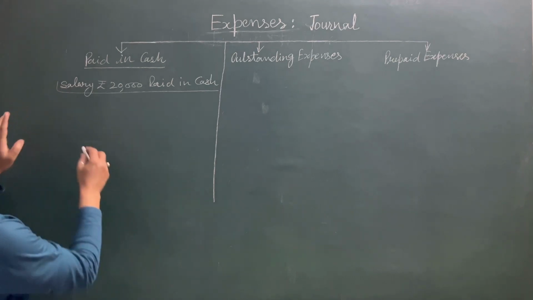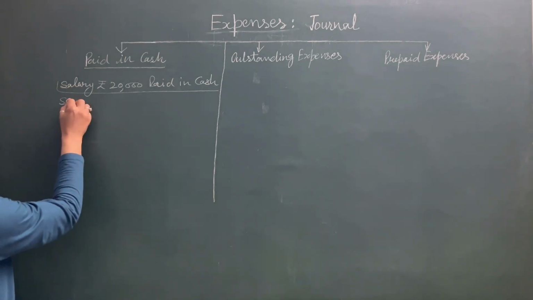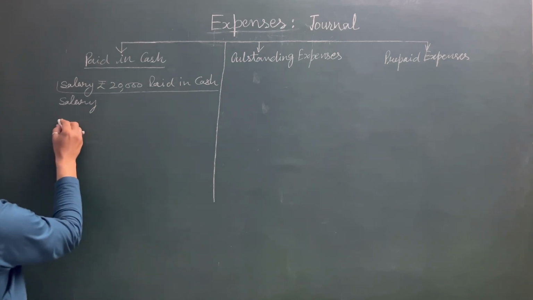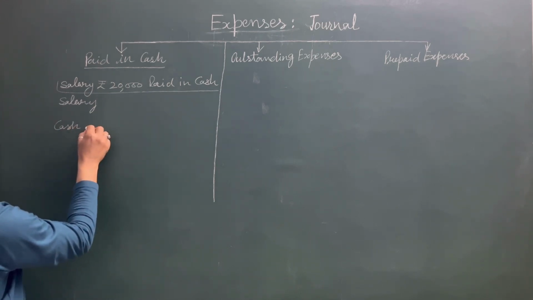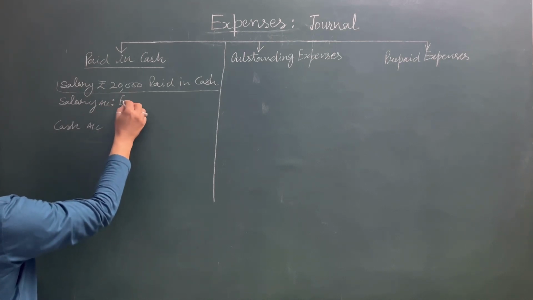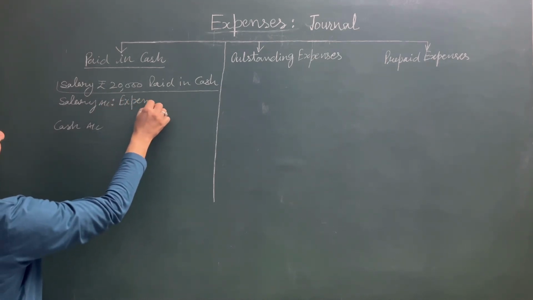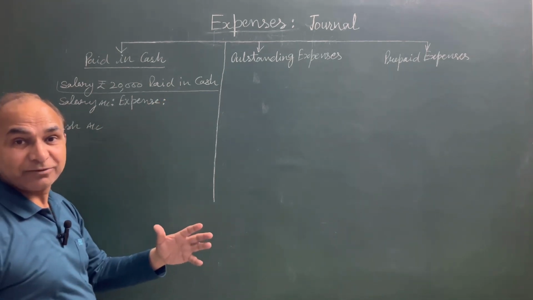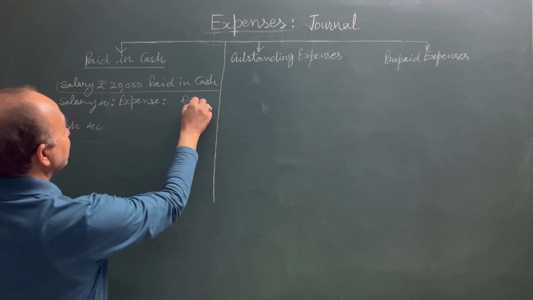Here also, one is the salary account and second is cash account, since salary is being paid in cash. Salary is an expense, so it is a nominal account, and it will be debited.